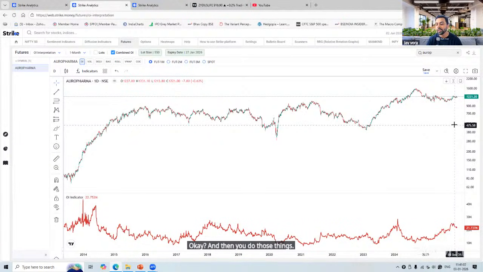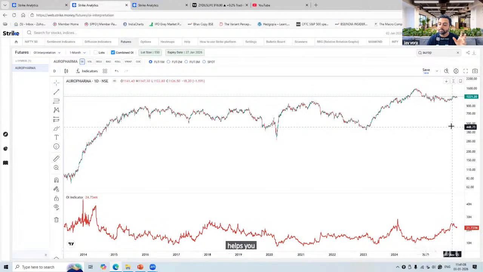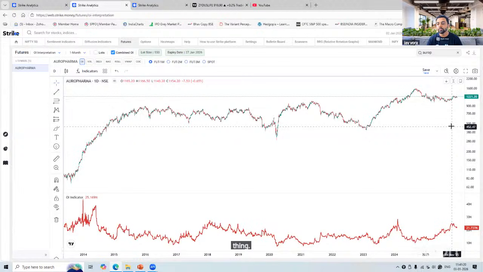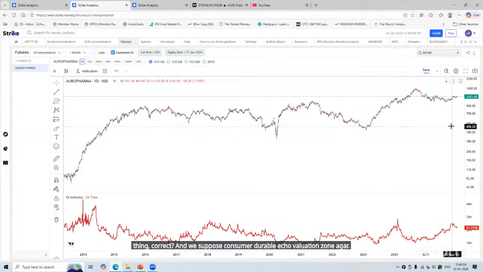I believe the sector filter helps you avoid wrong trades. Because see, consumer durable has been going down, Dixon and all are in that. Suppose consumer durable comes into a good valuation zone, then inside it you look at which stocks have a lot of shorts.